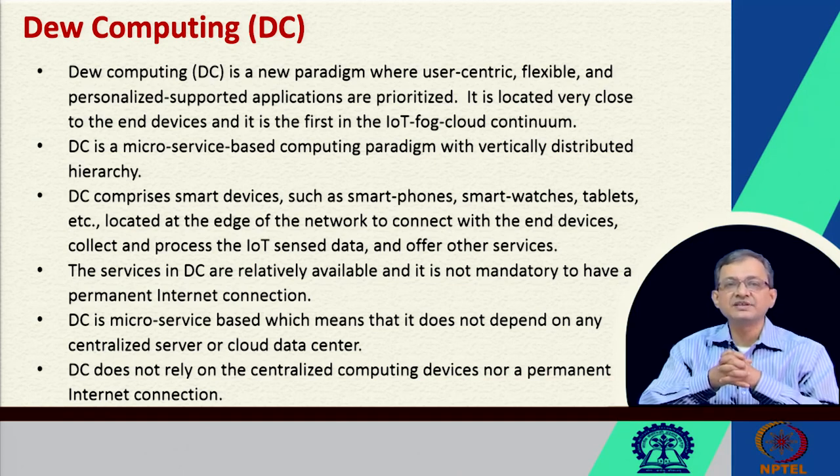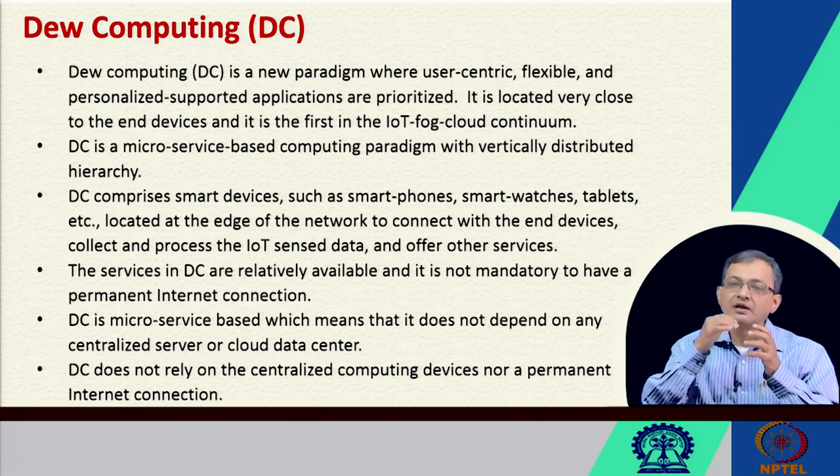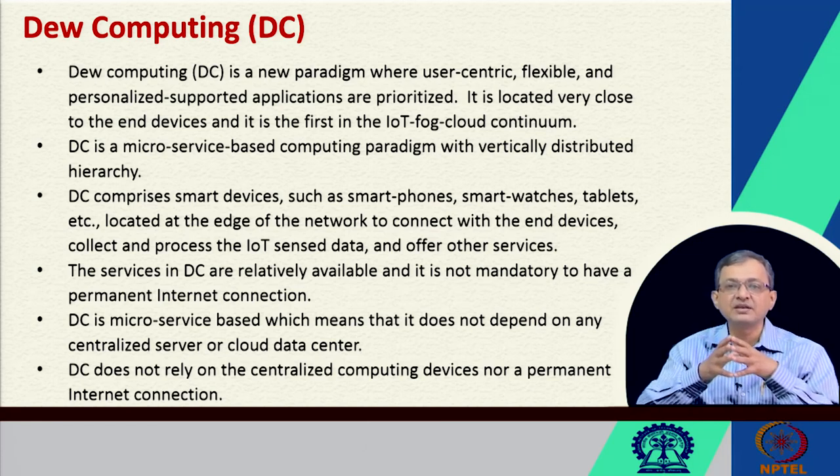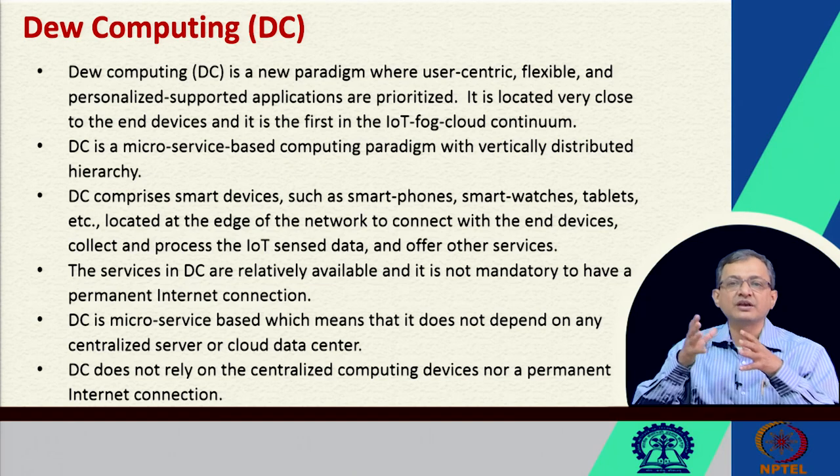They collect and process IoT sensed data and offer other services. The services in dew are relatively available and it is not mandatory to have permanent interaction. So, the dew services are mostly always available, and you may not always have network connectivity.